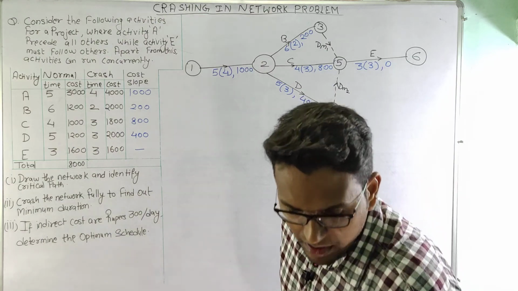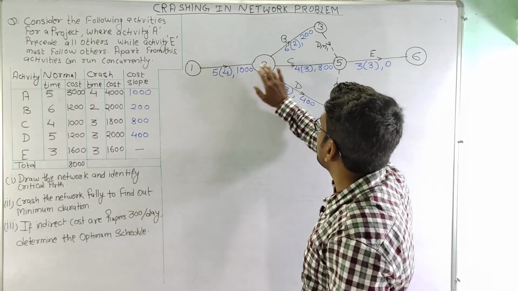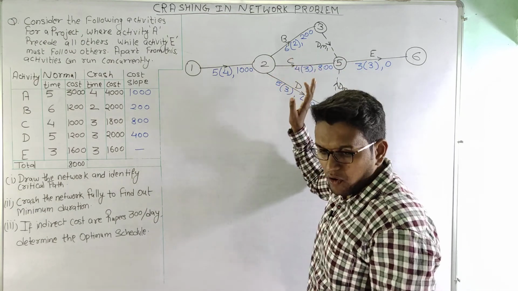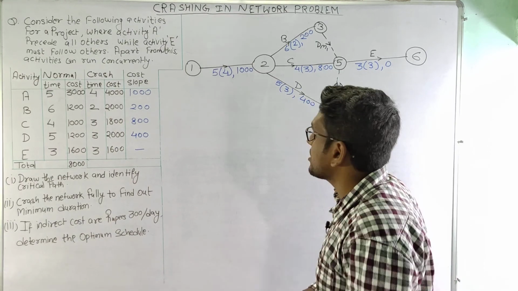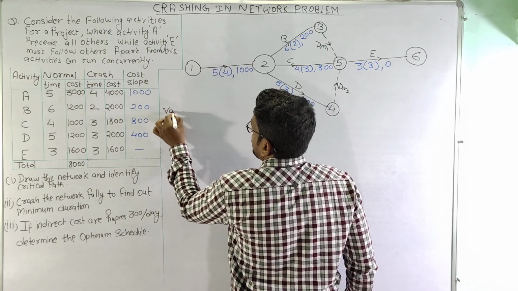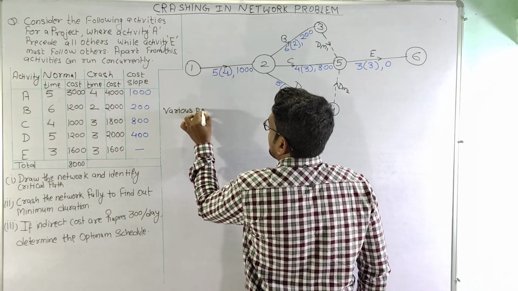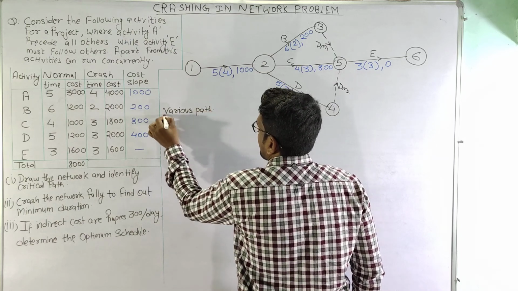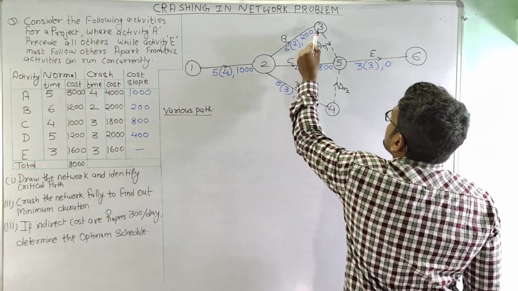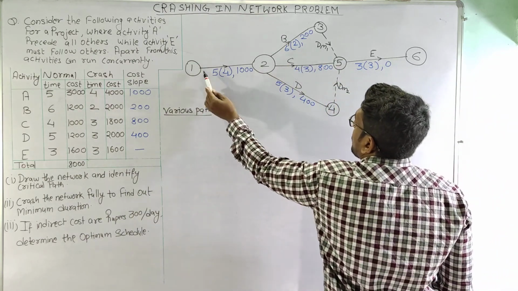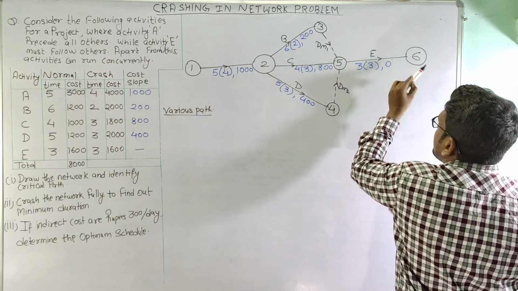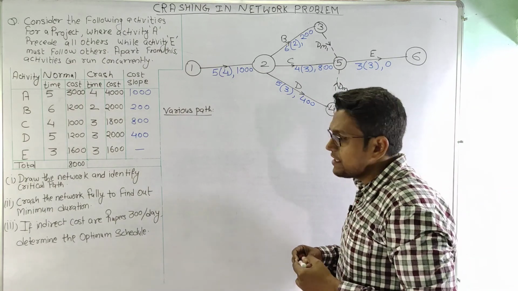Now from here we can see that we have different time zones for different activities. Now what we will do is we will calculate the various paths and we will show their completion time. So as we can see that there are 3 possible paths here: 1, 2, 3, 5 and 6; 1, 2, 5 and 6; and 1, 2, 4, 5 and 6. So let us write here.